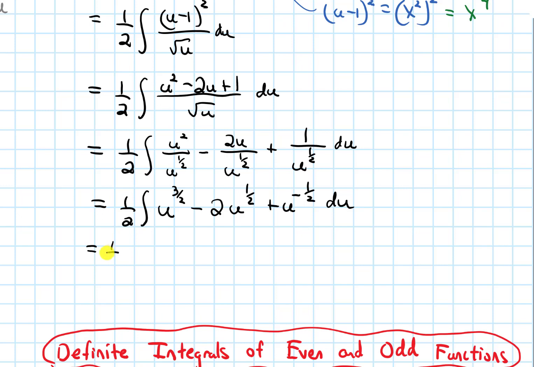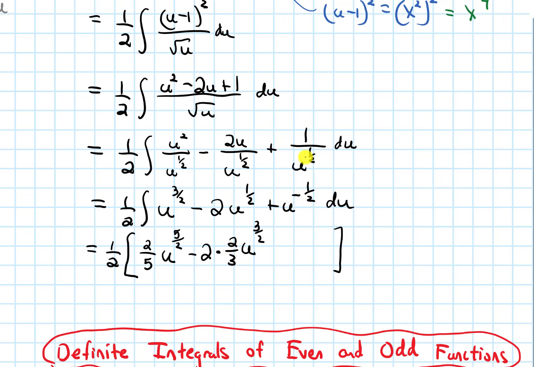We'll get the 1/2 in front of everything. I'm going to put a big bracket for everything that's about to go inside. For u to the 3/2, I do some reverse power rule, and I get u to the 5/2. When I divide by 5/2, that's the same as multiplying by 2/5, the reciprocal. Next term, I get minus 2 times u to the 3/2 when I add 1 to the power, and when I divide by 3/2, that's the same as multiplying by 2/3.